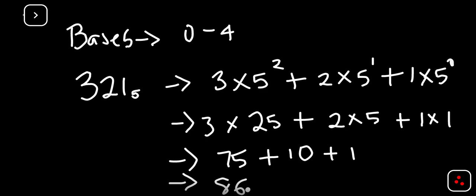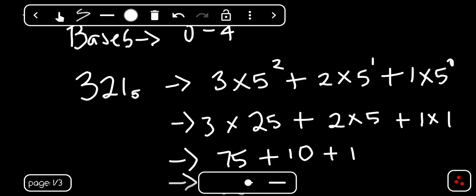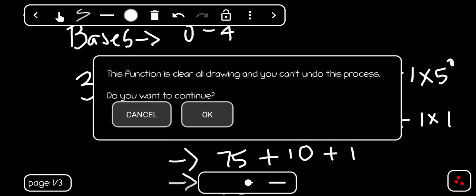Okay, now this is how you convert any number base to base 10. Well, how do you convert a base 10 value to any number base? So that is what we're going to do now. So let's start with 29 base 10. If we have to convert this to any number base, let's say convert to base 2.